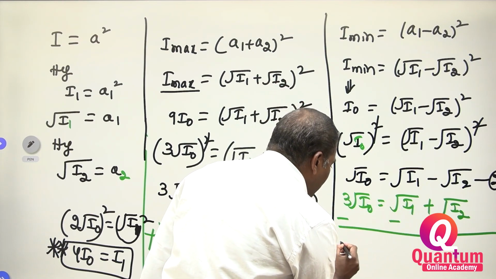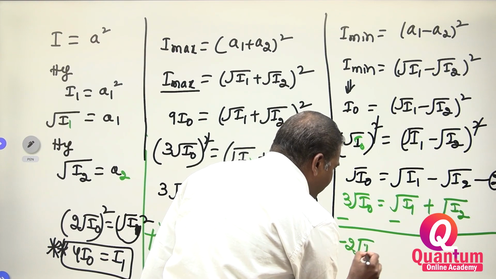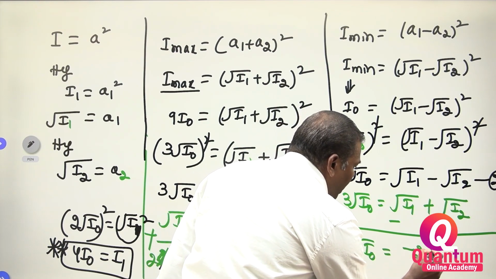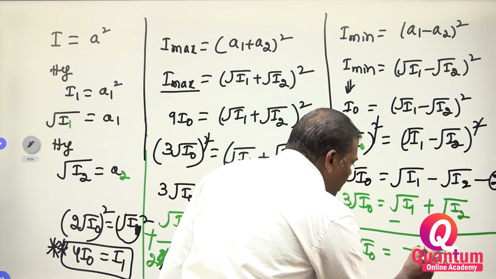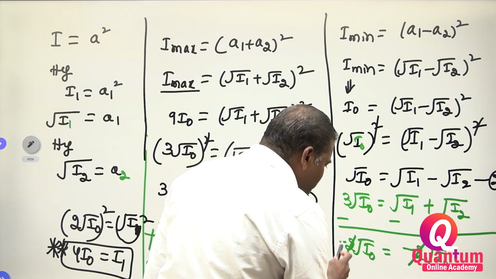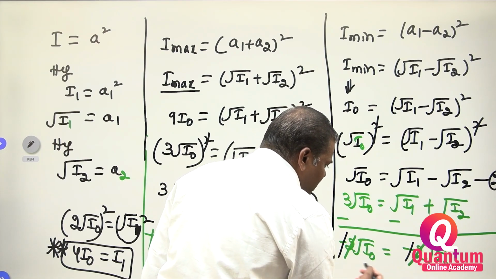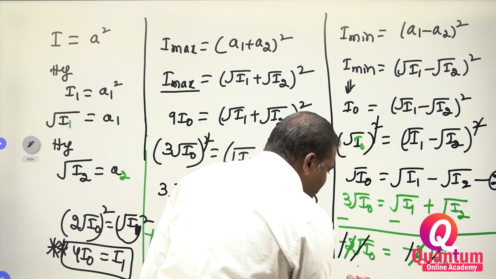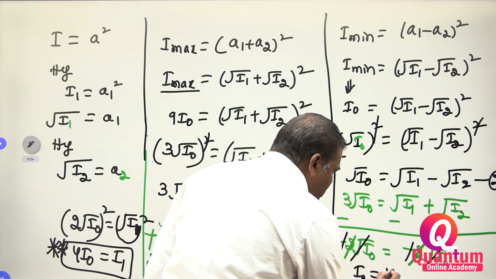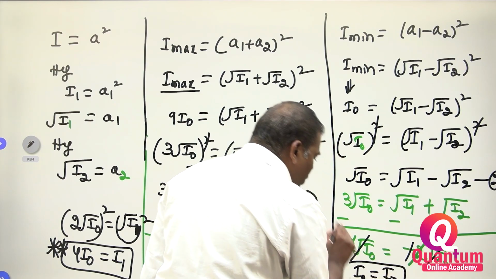It will become minus 2 root I naught is equal to minus 2 root I2. The minus signs get cancelled, the roots also get cancelled. Therefore, I2 is equal to I naught you are getting.